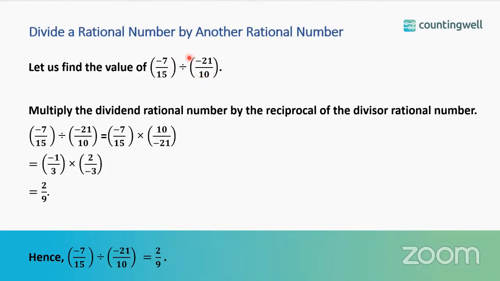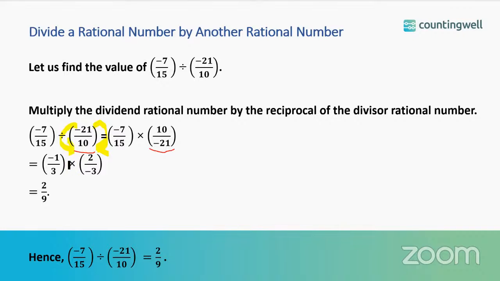So instead of this division sign, we are going to write a multiplication sign. But the main change you have to do here is minus 21 by 10. You should write it as 10 upon minus 21. Here you are inverting the numerator and the denominator, which means the numerator becomes the denominator, whereas the denominator becomes the numerator.